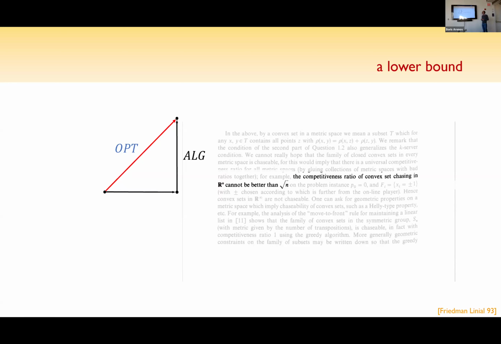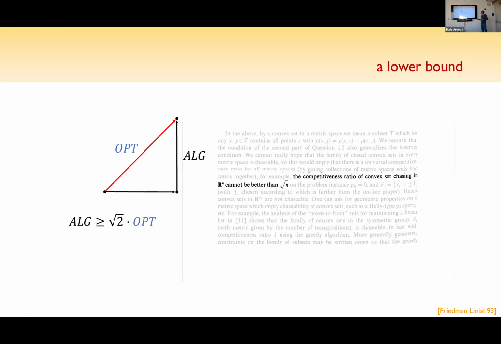Okay. Good. So you can't do better than square root D, but can you do anything? What Friedman and Linial showed in the original paper was that in 2 dimensions, you could get a constant, with a somewhat careful, sophisticated construction, which frankly I don't quite understand. I should catch Nati sometime and ask him to explain.